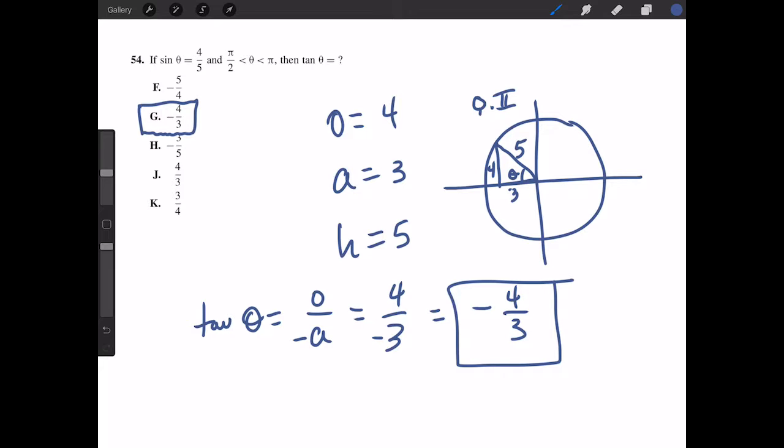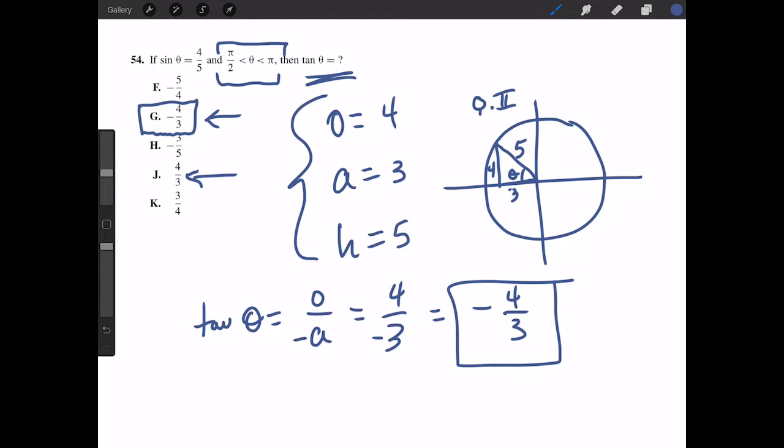There were a lot of things that we needed to review on this one. It doesn't mean that you would have to do all of that to solve this prompt. It just means that if you know that special right triangle 3, 4, 5, you would quickly be able to determine the measurement of the sides. And then if you look carefully at this and say, okay, so the angle is in quadrant 2, be careful with tangent of an angle there, it's going to be negative, then you could have correctly picked choice G in this case.